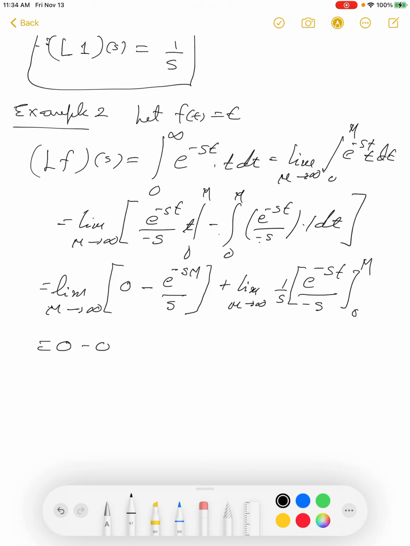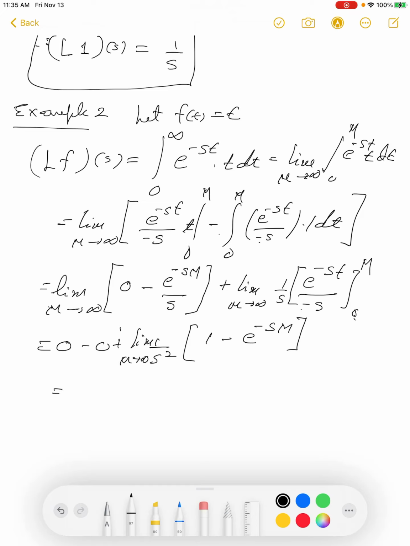The second one, let me pull out 1 over s square, and I have a negative, so I start evaluating this at 0 first, which will give me 1 minus e to the minus sm, and of course there is a limit as m tends to infinity.